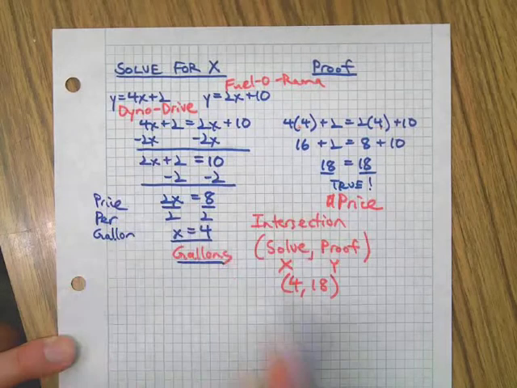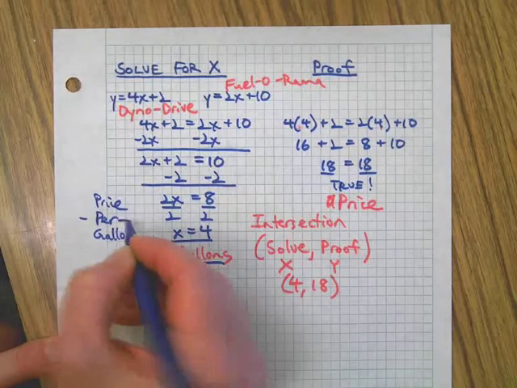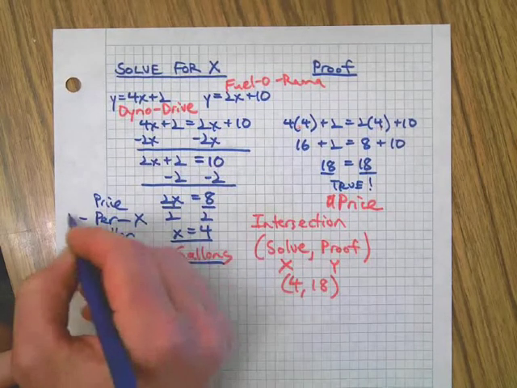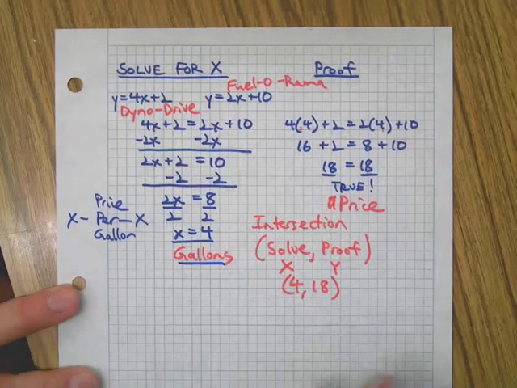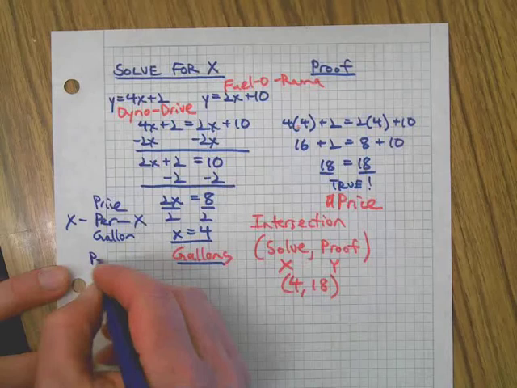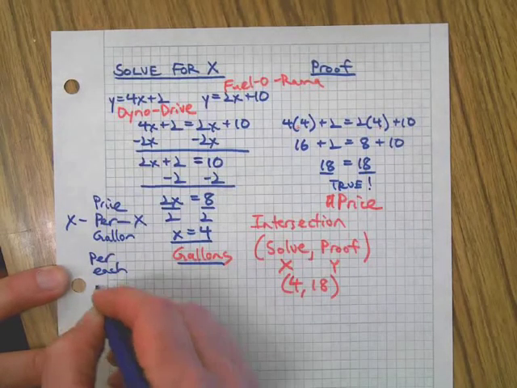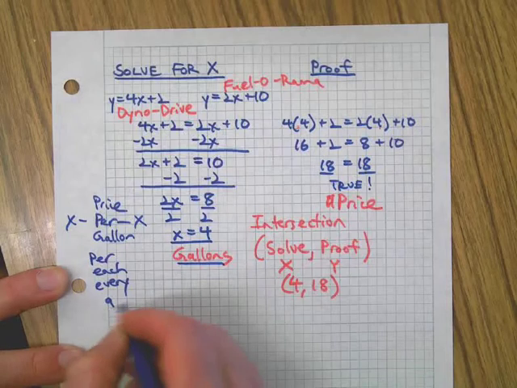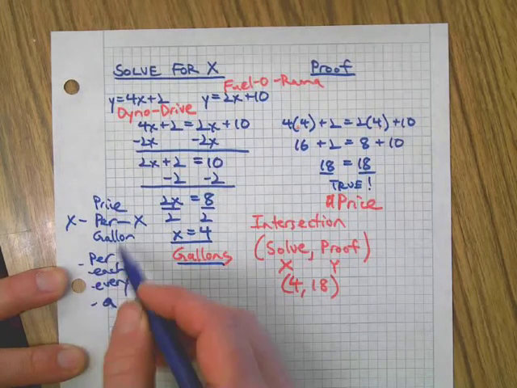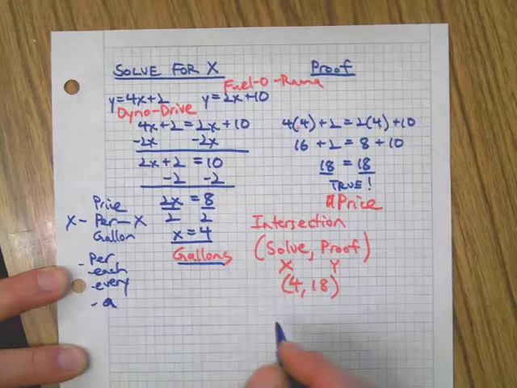Okay? And we know that the word per, that means multiply. It's also something a cat does, but it's spelled differently. Per means multiply. Per, each, every, like if I said $2 a gallon, those types of words all tell you to multiply.